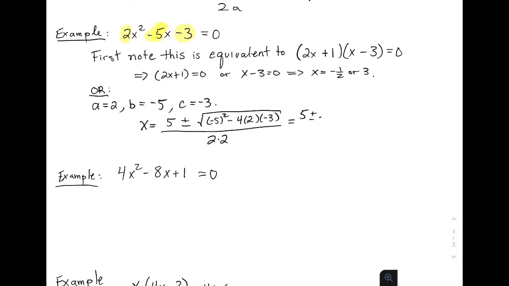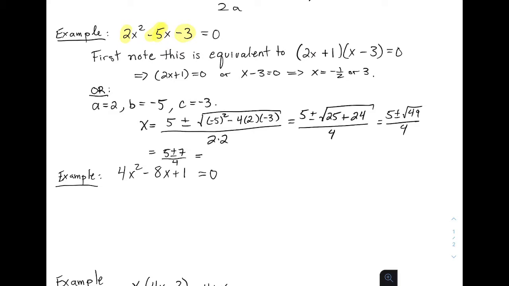This is 5 plus or minus the square root of 25 minus a negative is plus 24 over 4. So this is equal to 5 plus or minus the square root of 49 over 4, which is equal to 5 plus or minus 7 over 4.